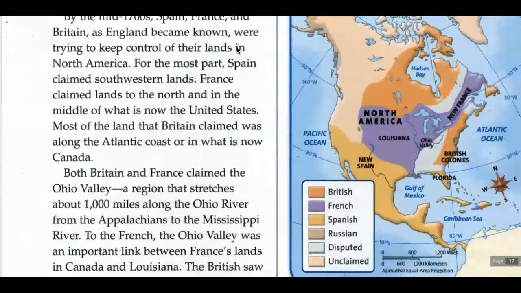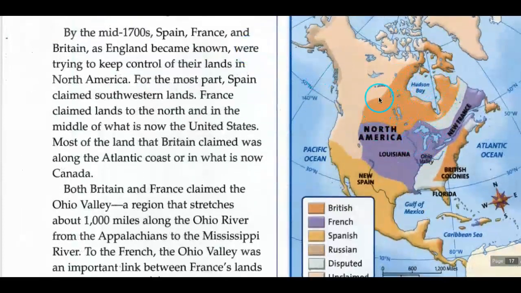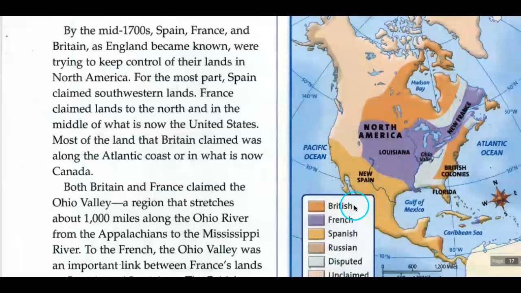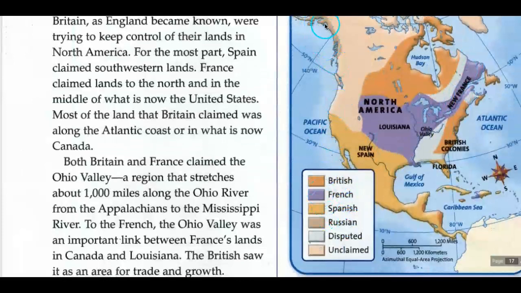And before we read, let's look at this map over here, where we have our British is this orange color. So we have the Atlantic coast as well as this big section of what is now Canada. French territory going from Louisiana up through most of what is now Midwest America, and then part of what is now Quebec in Canada. And then, well, there's a little Russian over here.